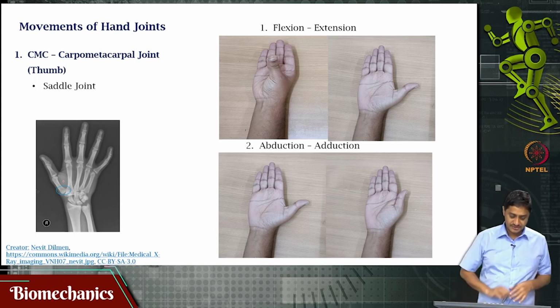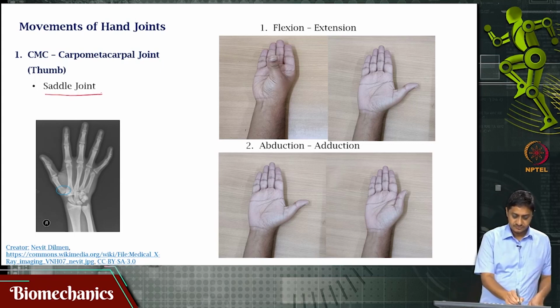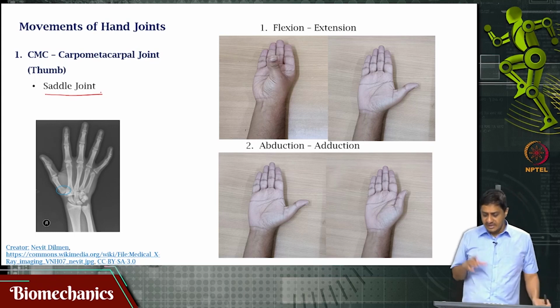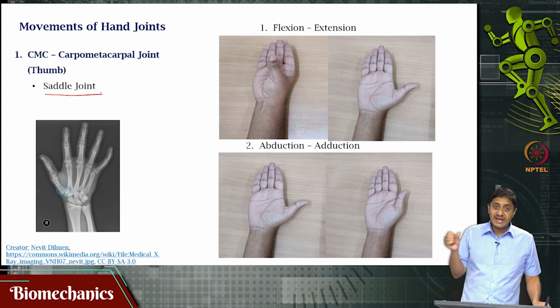It is a saddle joint, and many of the movements made by the thumb, because of the nature of this saddle joint and the amount of movements that are possible within it, are many times out of the plane of the palm.